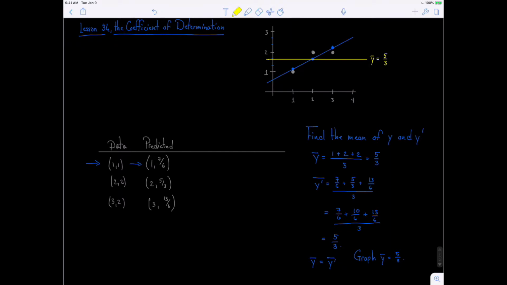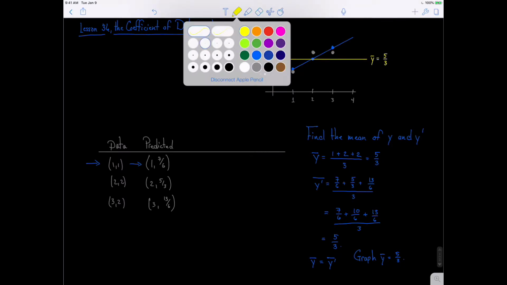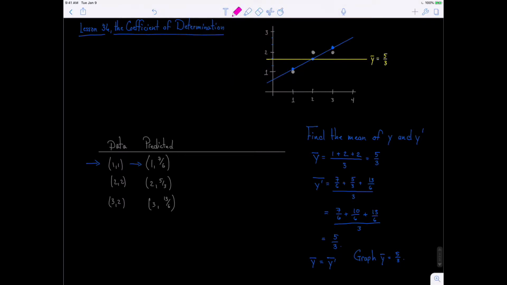And it's from here that we can begin taking a closer look at our picture. And here's what we need to see. We need another color for this. We'll use pink. Look at this. So the gray are the original data, and the blue are the predicted values that resulted from linear regression.